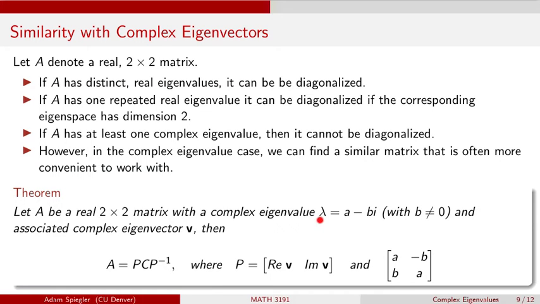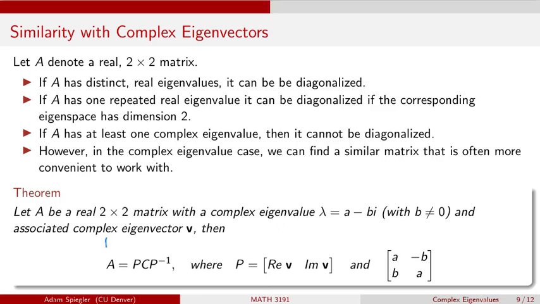And let's assume that lambda has a complex eigenvector v, which has some real and some imaginary part. Then we can find some matrix P, which is going to consist of two columns. It's going to be a 2 by 2 matrix in this case, where the first column we're going to choose to be the real part of the eigenvector v, and the second column is going to be the imaginary part of eigenvector v.